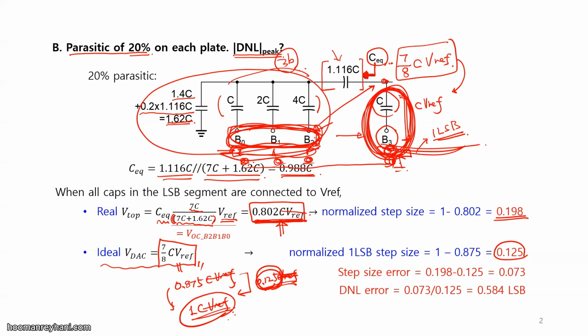So when we change the code from LSB to MSB side, we're going to have the maximum error, right? Real step size, worst case step size, and this is ideal step size. So the step size error will be like this, while one LSB step size is like this. So DNL can be found as one LSB over the error. So we have this much, 0.584 LSB error is the peak DNL.